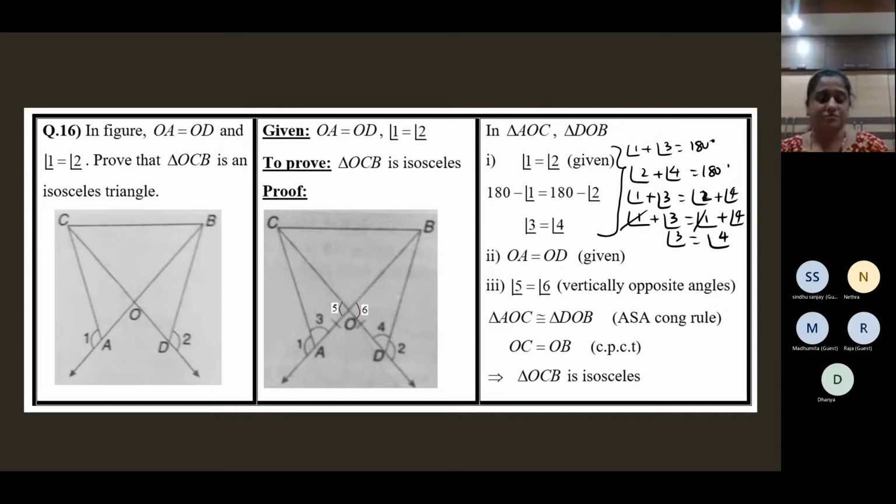So ASA rule. The two triangles are congruent. Yes or no, children? Any questions? No doubts. The same thing, whatever I said is what is on the screen.